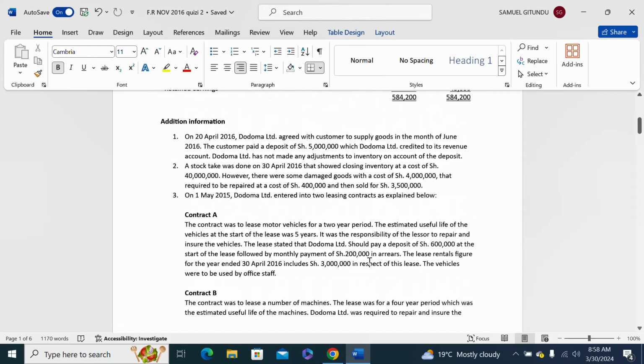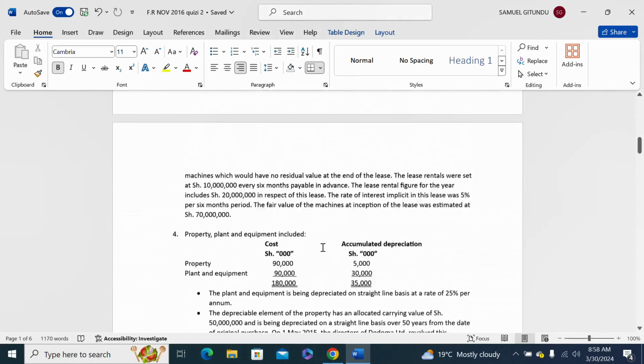The reason we are changing from distribution to administrative is because we are not told whether these motor vehicles are being used to distribute the goods. We are just told that the motor vehicles are being used by the office staff. Therefore, we can classify the interest here as an administrative expense.